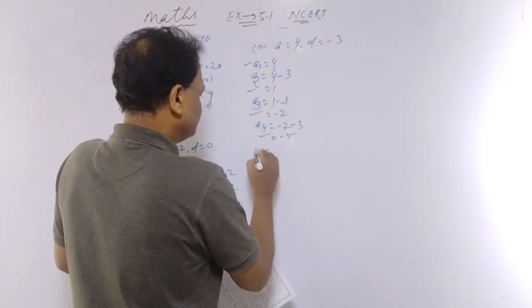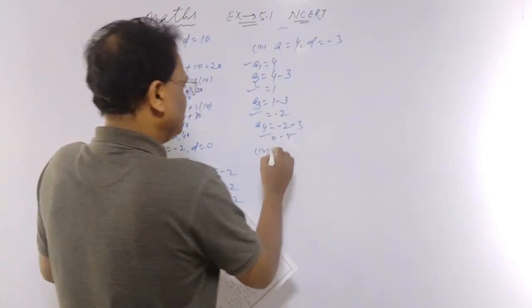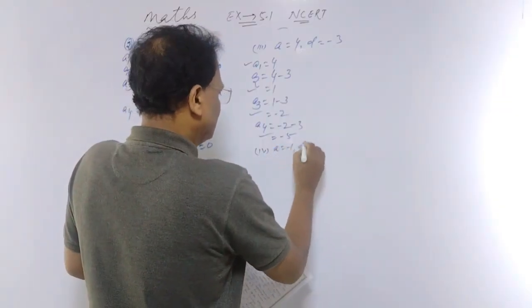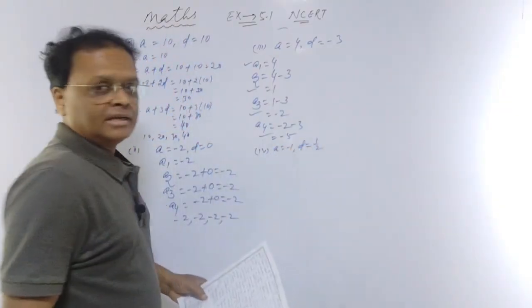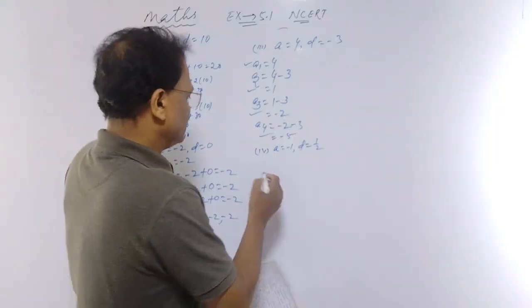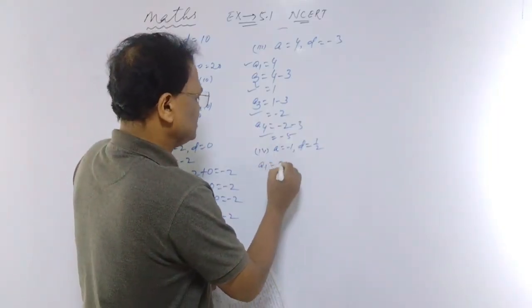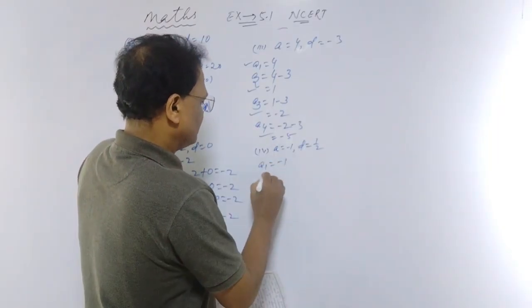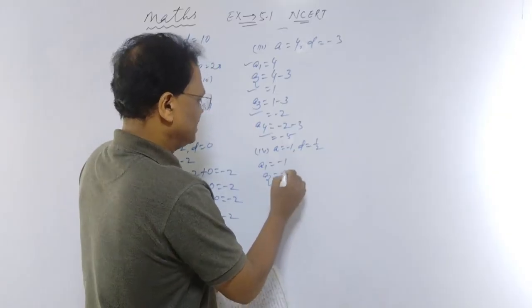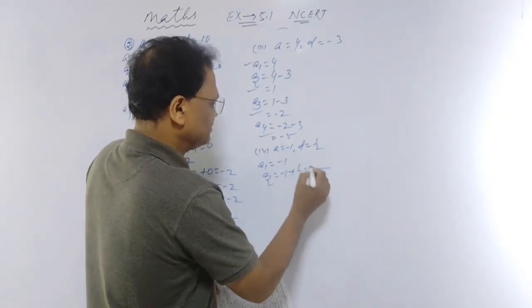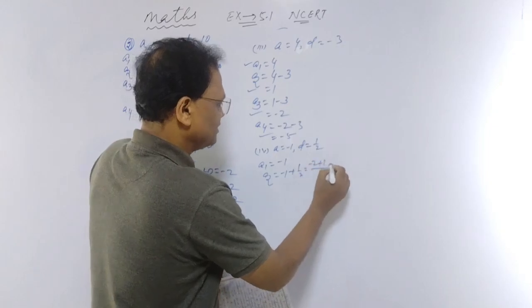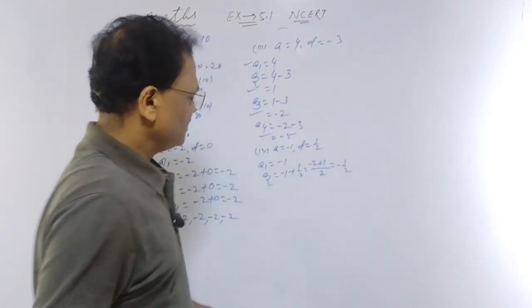Now if I do the fourth one, your A is given minus 1 and D is given 1 by 2. D is 1 by 2. Again, the first term A1 is equals to minus 1. A2 is minus 1 plus D, D is 1 by 2. So what it gives? It gives you minus 2 plus 1 by 2, which is equals to minus 1 by 2.